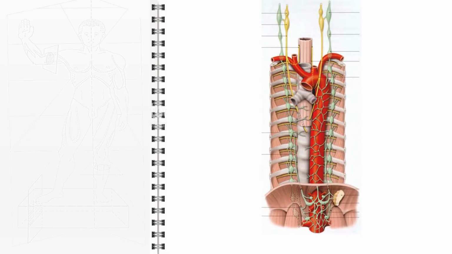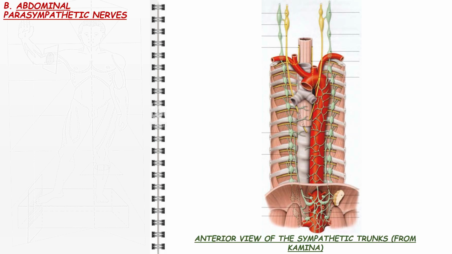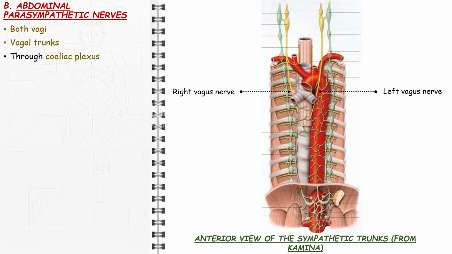Now, after following each link of the sympathetic supply of the abdomen, let's consider how the parasympathetic manages to plug into the visceral plexuses. Both vagi, intermixed in the vagal trunks, contribute fibers to the celiac plexus. Without relay they accompany the postganglionic sympathetic fibers of the plexus, but not to the whole territory.